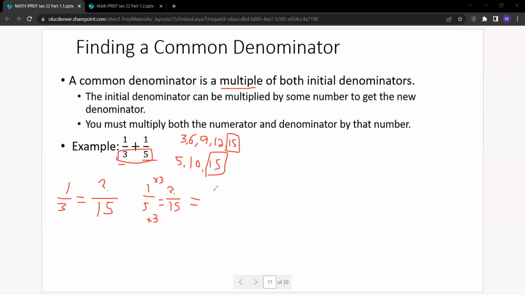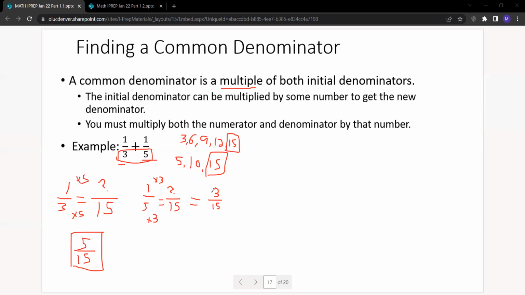Times 3. So we get 3 over 15. So 1/5 is equal to 3/15. And then we can kind of go over here and do that same thing, right? So 3 to 15, what do we have to do? What's 15 divided by 3? 5. So the same thing here, times 5. So what we get is 5 over 15.